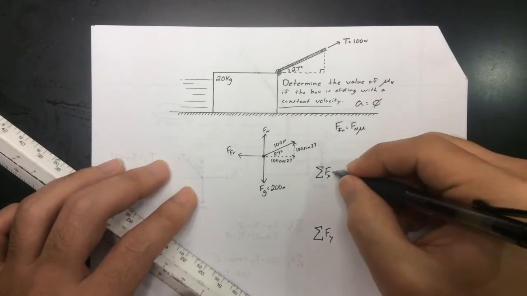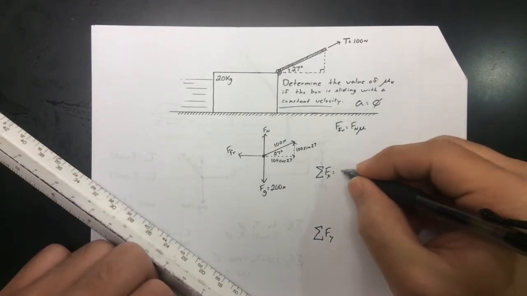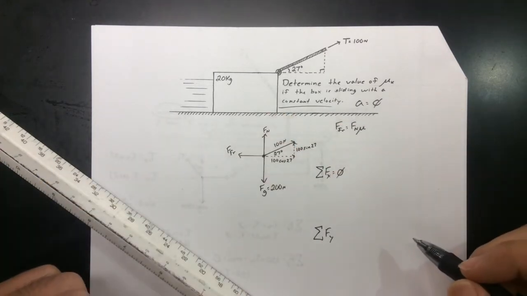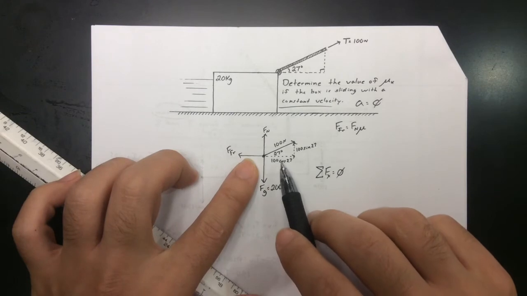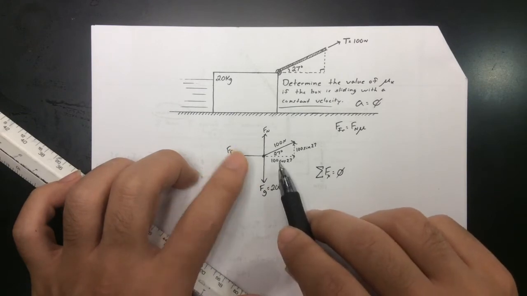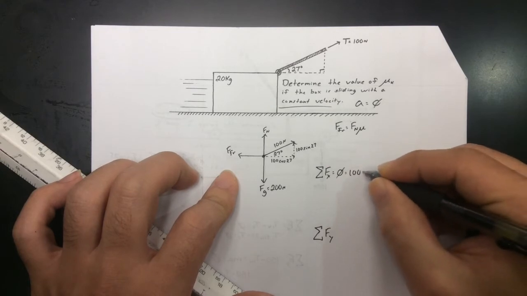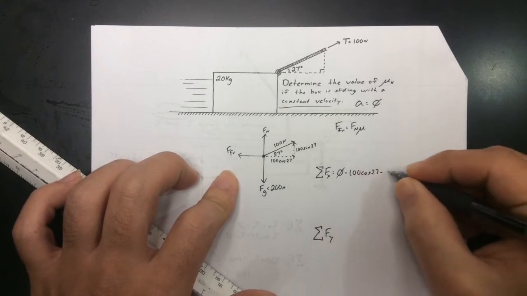And so starting off with the x, we know that the sum of all forces should be equal to 0, because we don't want it to accelerate. It's constant velocity. And what things are in the x? I see two things. It's going to be the x component of this tension and the friction. So we'll say we have 100 times the cosine of 27, going to the right, and we have this force of friction that's going to the left.